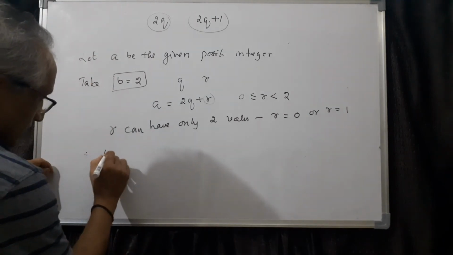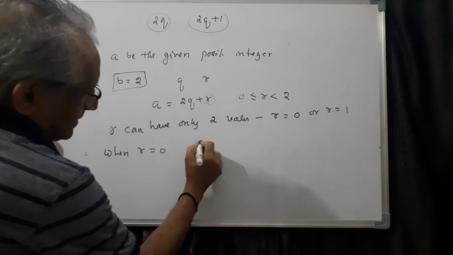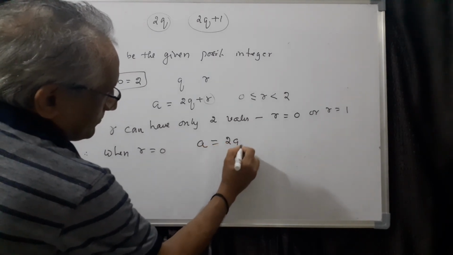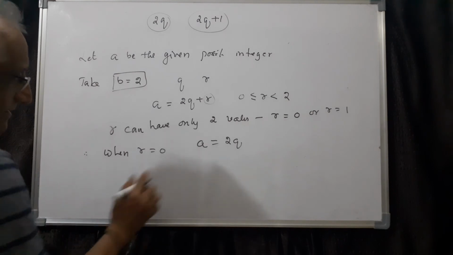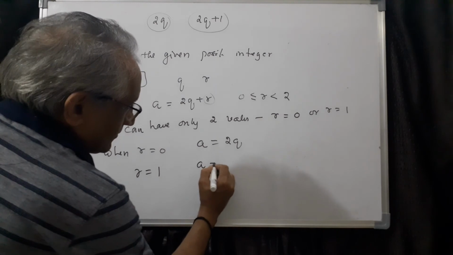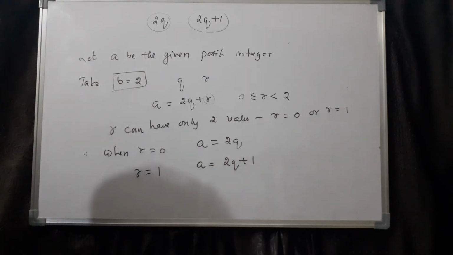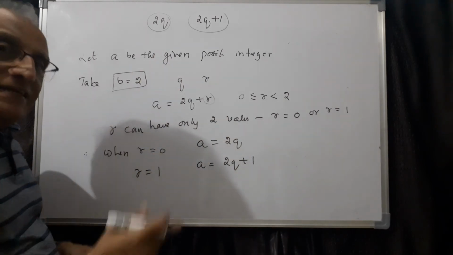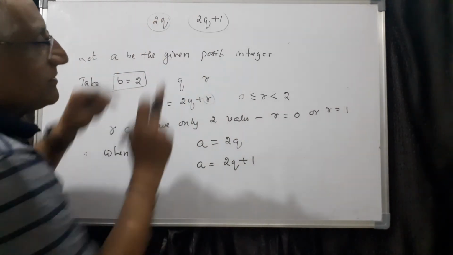When r equals 0, a will be equal to 2q, which means this is an even integer. And when r equals 1, a will be equal to 2q plus 1. Therefore, given any integer, either we can write it in terms of 2q or in terms of 2q plus 1.